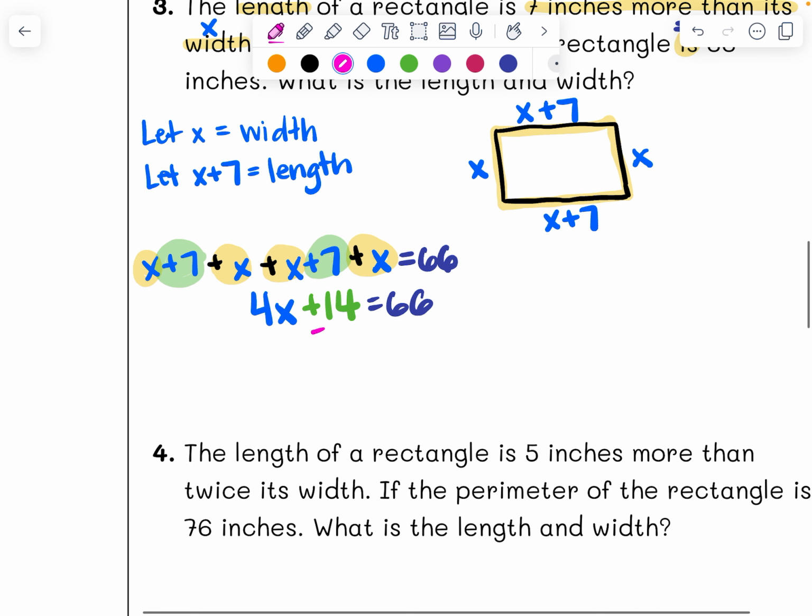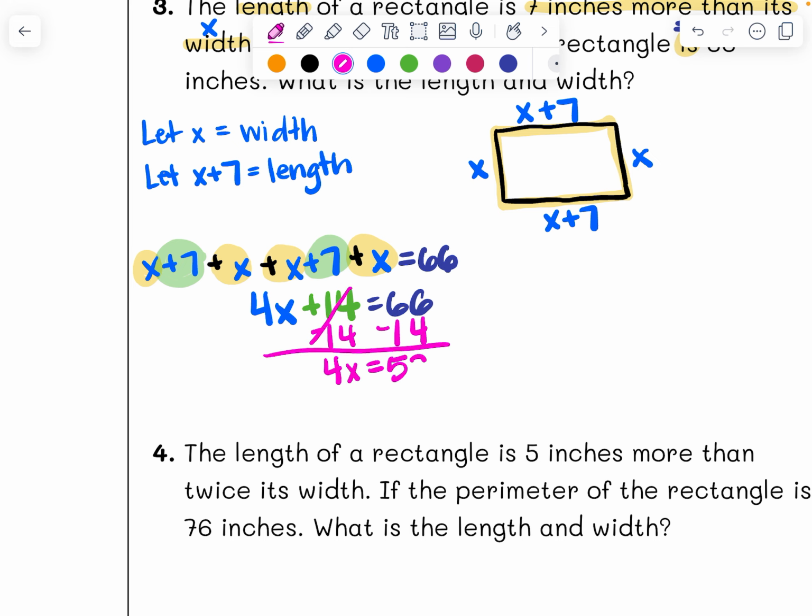So now to solve this, I would subtract 14. And divide by 4.